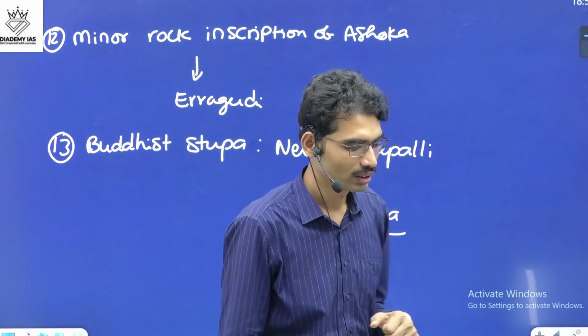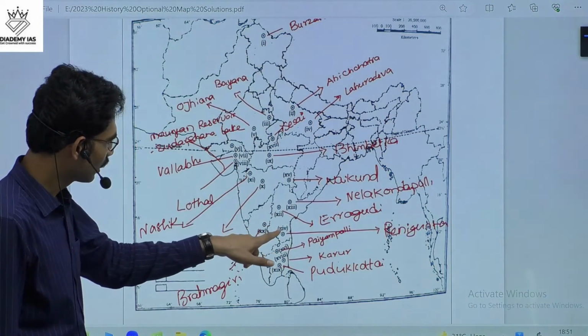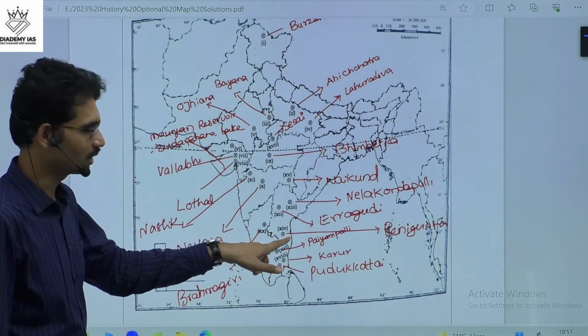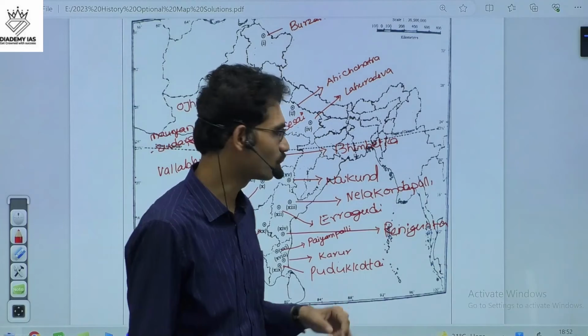Next, the 14th, a Mesolithic site in Andhra itself. Here, this is the location, and the nearest to this Mesolithic site is Renigunta.